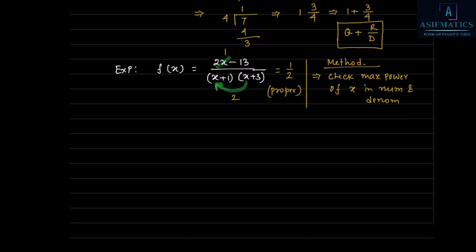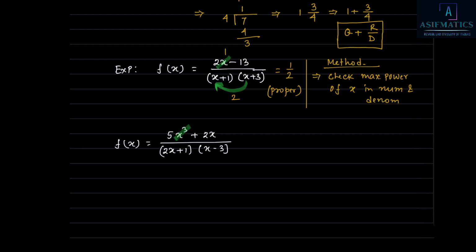Now we can see another example. Let's say we have function of x equals 5x cube plus 2x divided by (2x plus 1) times (x minus 3). So, is it proper or improper? Look at the maximum power of x in numerator.